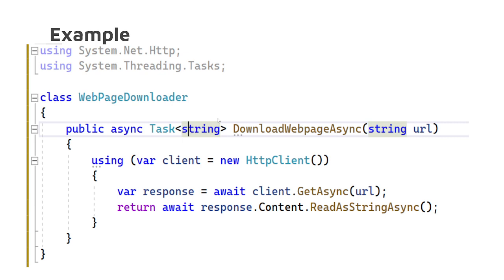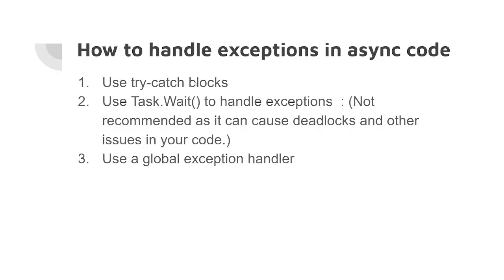Now let's move to how to handle exceptions in async code. When working with asynchronous code, it's important to handle exceptions correctly, as unhandled exceptions can cause your application to crash or behave unexpectedly. Let's discuss some tips. Use try-catch blocks.